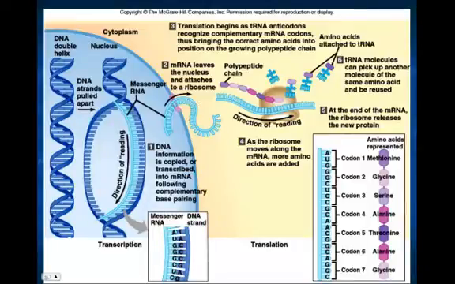This is just a nice diagram to show you how we actually make proteins from our DNA. So here is our DNA double helix here, okay? And you can see that what happens is when we need to make a protein, okay, again, just a little terminology for you.